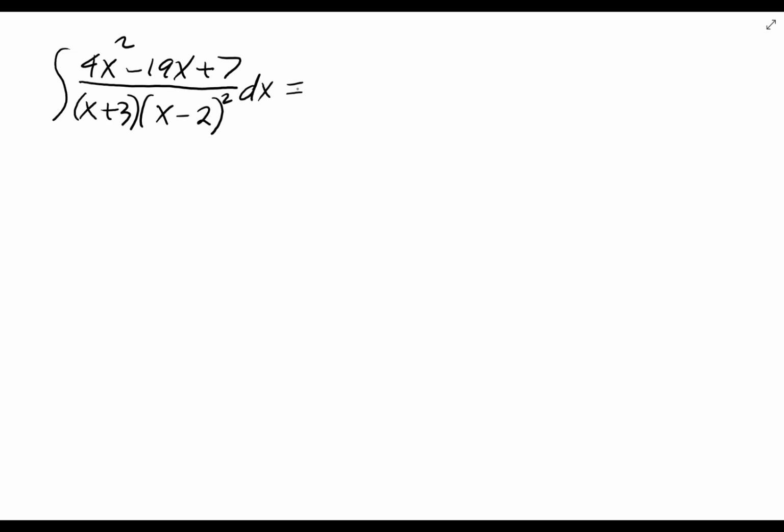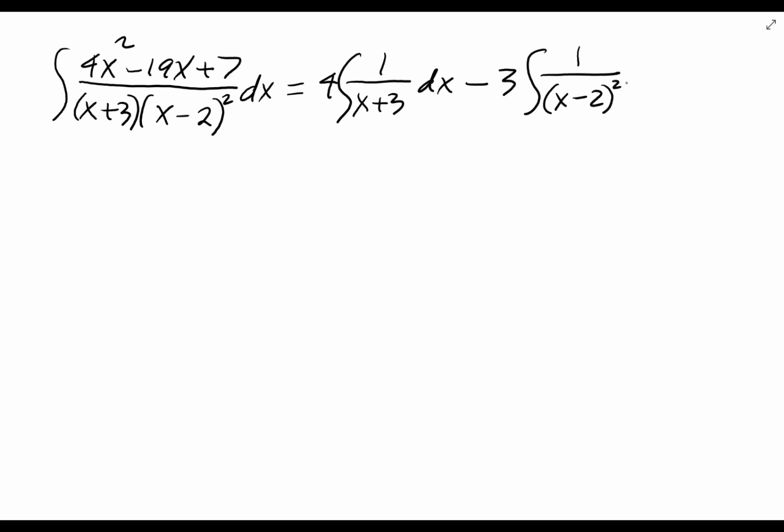And by using partial fractions, we were able to cut this up as these two integrals. I'm going to pull the 4 on the outside, and we have 1 over x plus 3 dx. And I'm going to pull the minus 3 on the outside, and it's 1 over x minus 2 squared. There. So what looked like a really ugly integral turned out to be two pretty simple integrals.